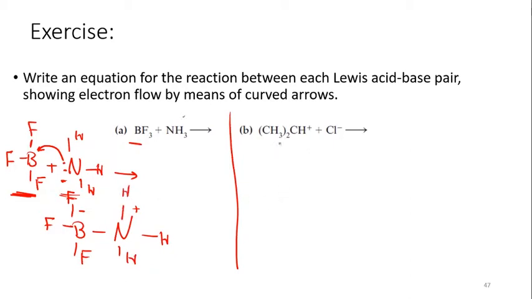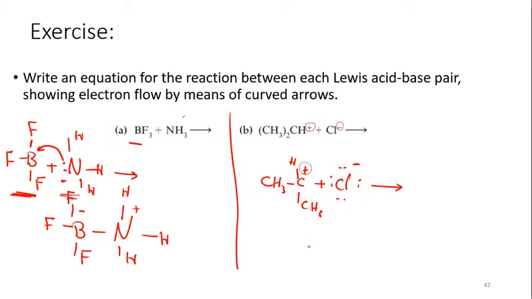Now for this one, you can see I have here a positive charge and here I have a negative charge. So if I try to draw them, and because I have here a positive charge and the Cl, if I draw the negative charge, this means I have an extra negative charge on my chlorine atom.